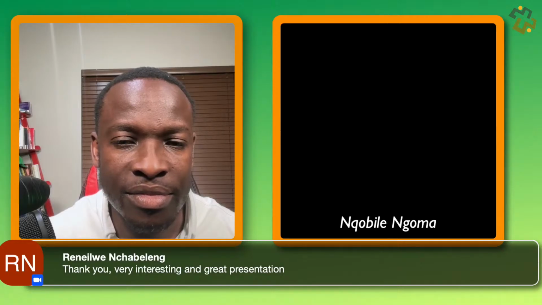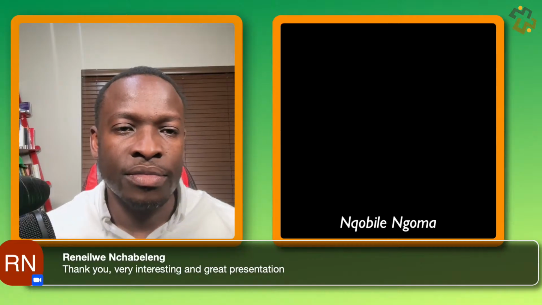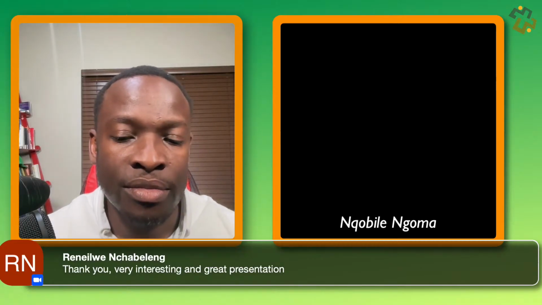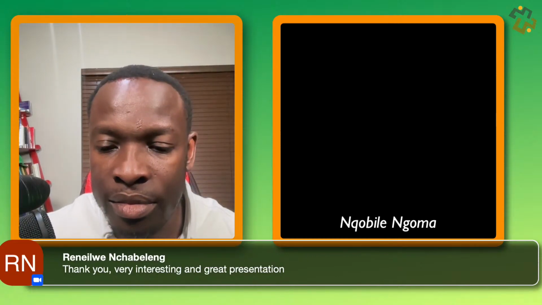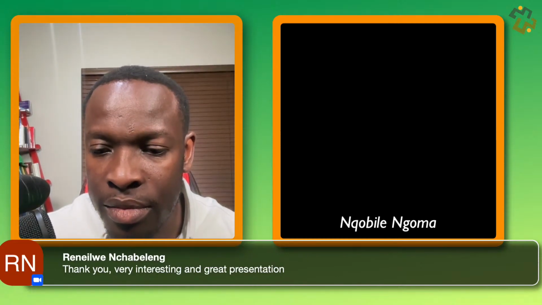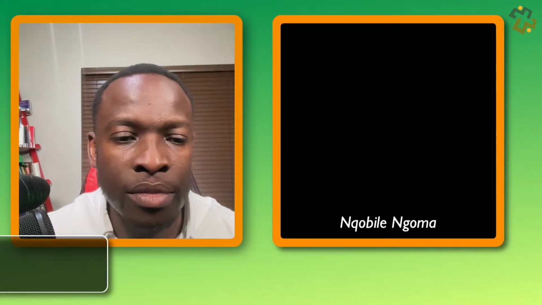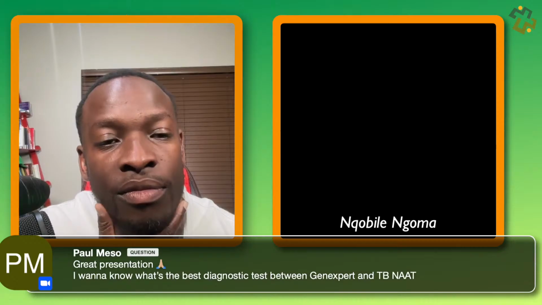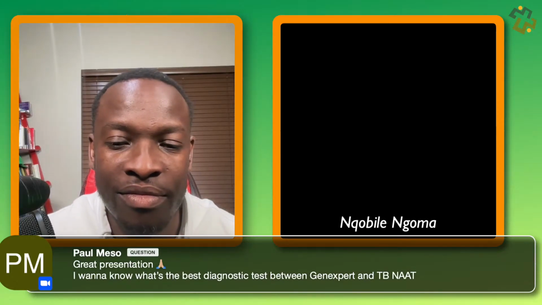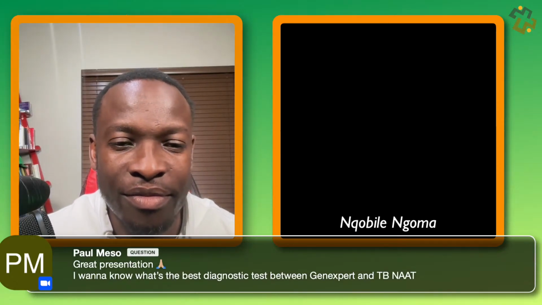So there are characteristics that we use to describe different tests. GeneXpert is not different at all. I understand that currently there are, I think, three different NAAT technologies being used in South Africa in the public sector. But yeah, I hope I answered.